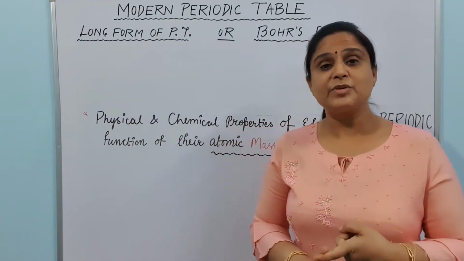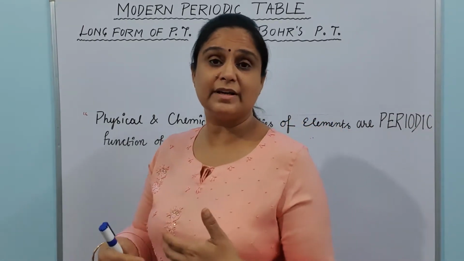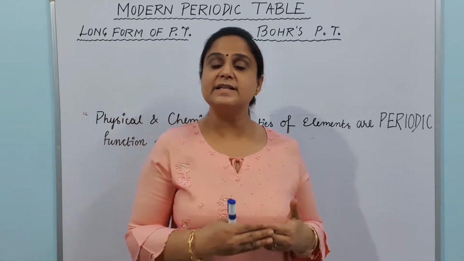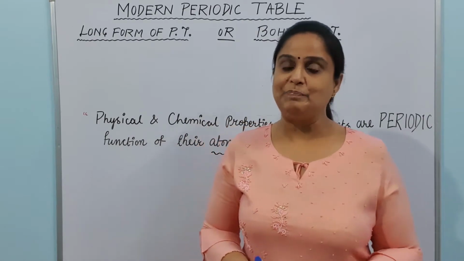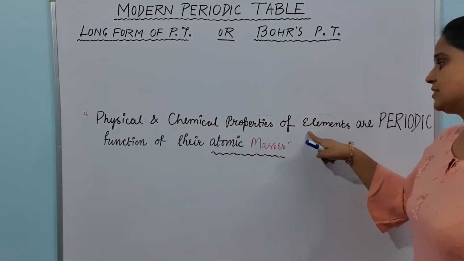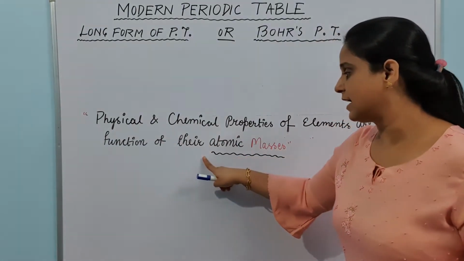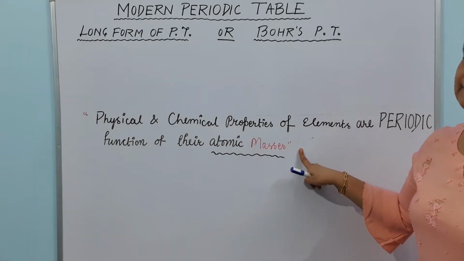And just because he observed that there is periodicity in the properties, after a certain interval elements show similar kinds of properties, he gave one law called Mendeleev's periodic law. This law states that physical and chemical properties of elements are periodic function of their atomic masses. This is Mendeleev's periodic law.